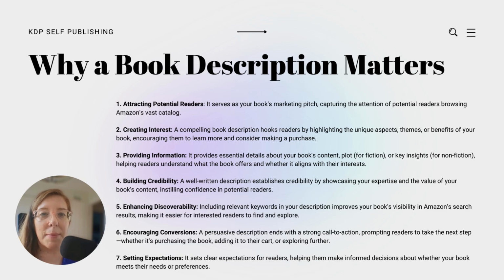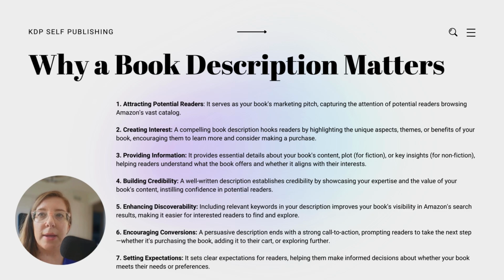However, as long as you stay within your lane of what are relevant topics and subtopics of what your book should be talking about, then your keywords will naturally wind up in your book's description. So I don't want you to overthink it right now.